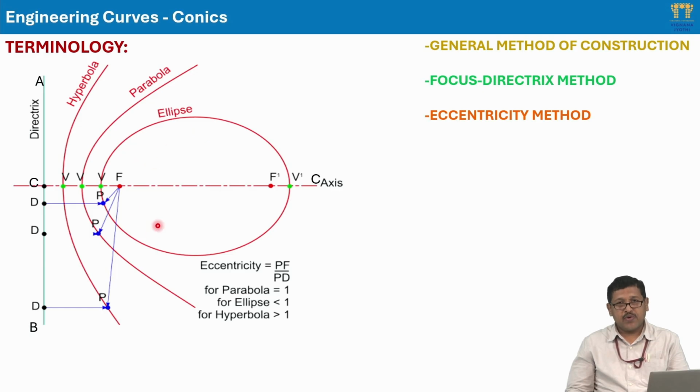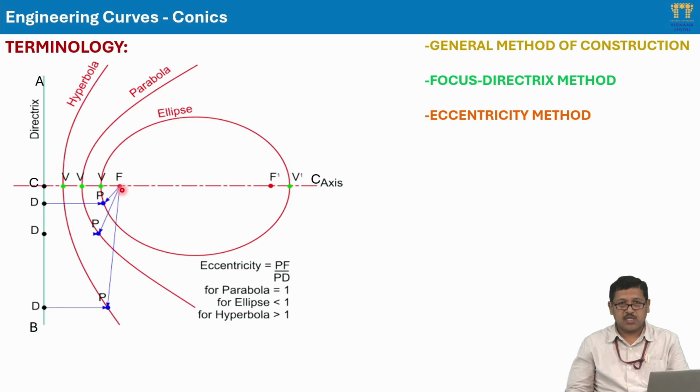Next, we are showing one point P on the curve. You can see on the ellipse we have shown a point P. Similarly, we have shown a point P on the parabola, and we are also showing a point P on the hyperbola. Now I can measure the distance of this point P from the fixed point F, that is from the focus.